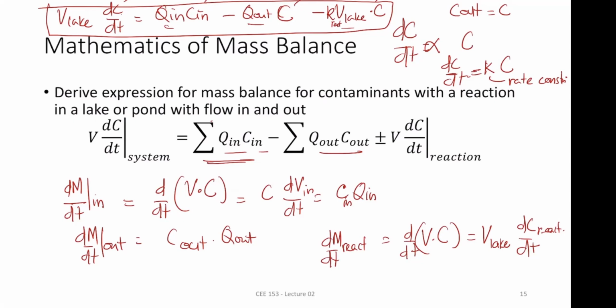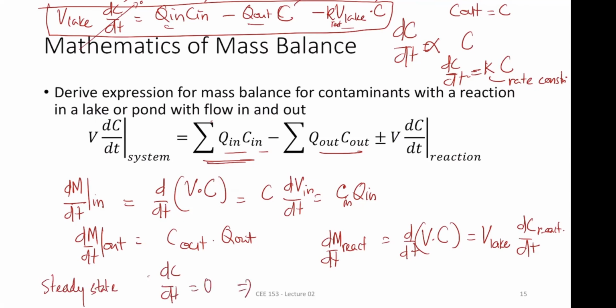So now how to solve it? That's the calculus question. But the point is you can solve it if it is a steady state reaction. Then you know that dC/dt equals 0. That means you can calculate C just if you know the C in. If it's a steady state, there is no change in time, so any derivative of time will be 0.